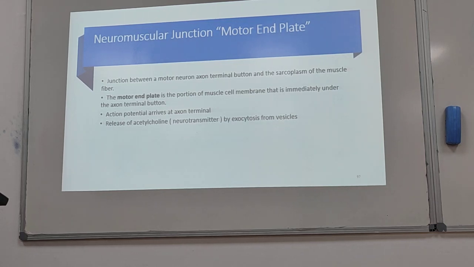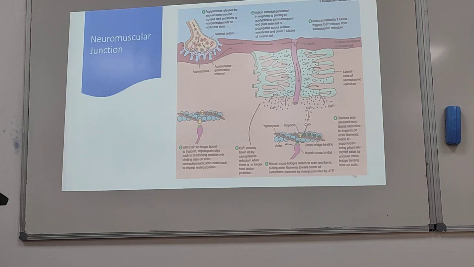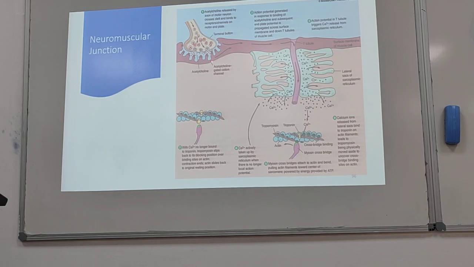Release of acetylcholine. What is acetylcholine? A neurotransmitter. Remember acetylcholine. Where is it released? Here, at the neuromuscular junction. It's like a synapse. Where is acetylcholine formed? In the presynaptic neuron. How is acetylcholine removed? By an enzyme called acetylcholinesterase.